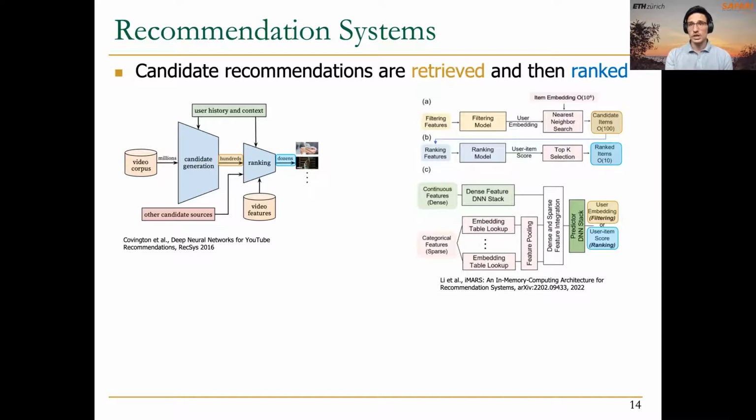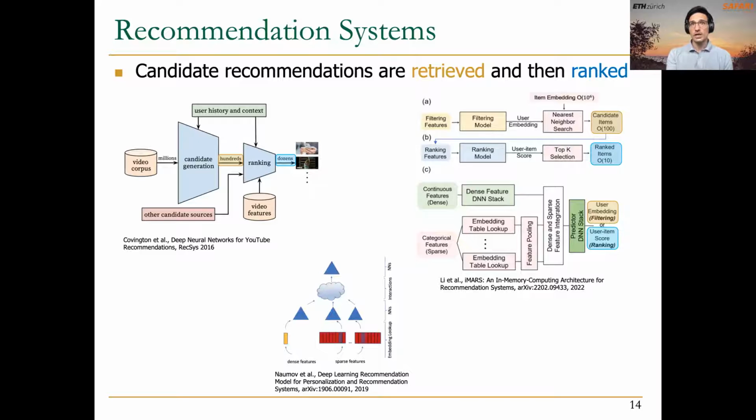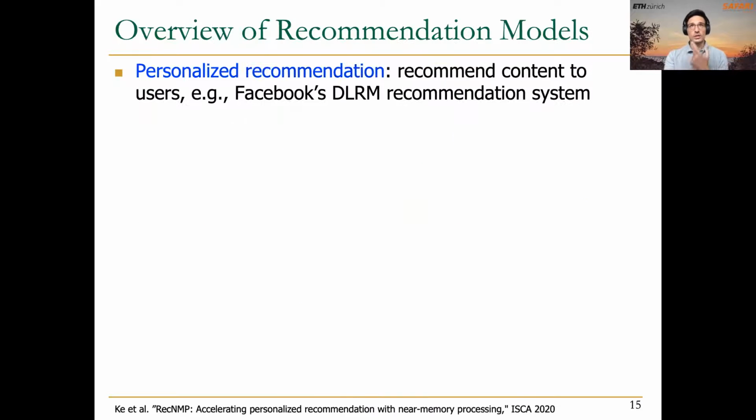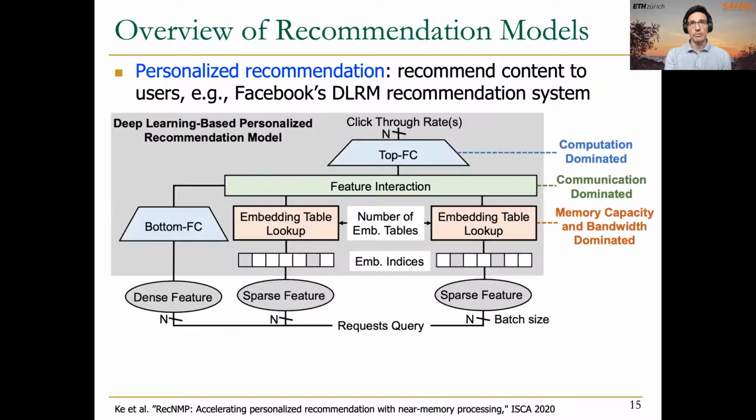And this one that you see here in figure C is based on the deep learning recommendation model that was proposed by Facebook in 2019. So we are going to focus on this DLRM recommendation system from Facebook. And here you can see a nicer picture of this model.